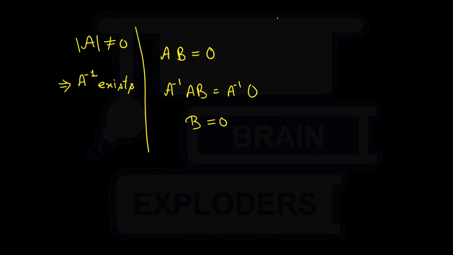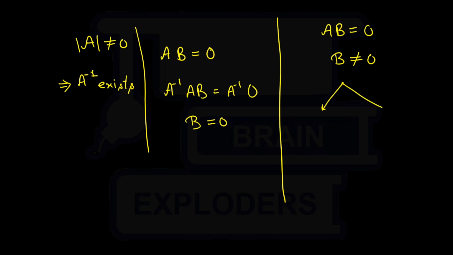Now suppose we created a situation that B is not a null matrix, then what about A? So suppose here we have two possibilities: first, that the determinant of A is not equal to 0, and other, that the determinant of A is equal to 0.